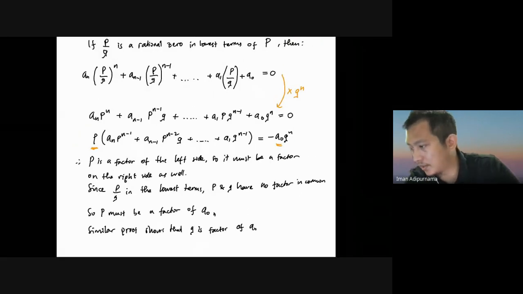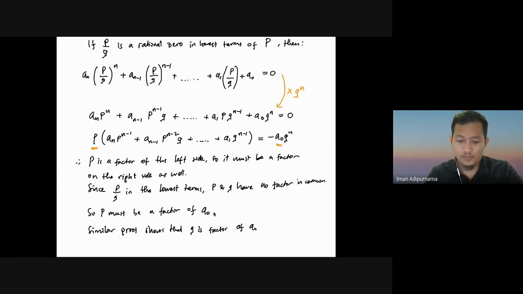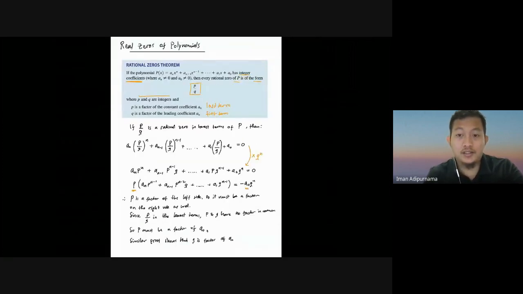Let's see. This way, this rational zero theorem can help you at least make some guesses, and it will be much faster when you have simple functions where you can think of some of its factors.